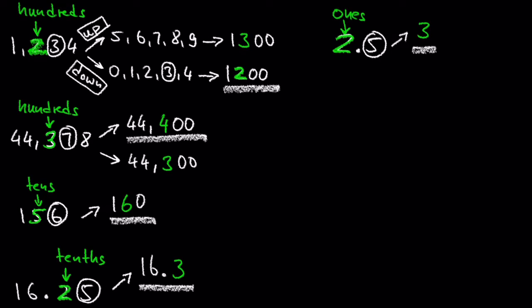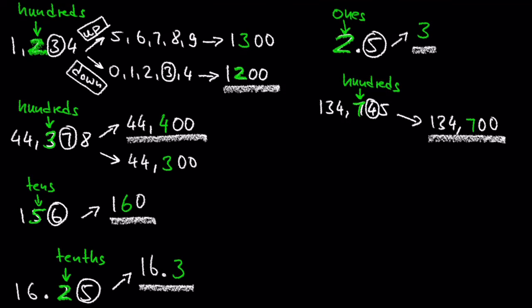What about rounding 134,745 to the nearest hundreds place? The 4 doesn't change the 7, and we get 134,700. Let's round 10,475 to the nearest tens place.